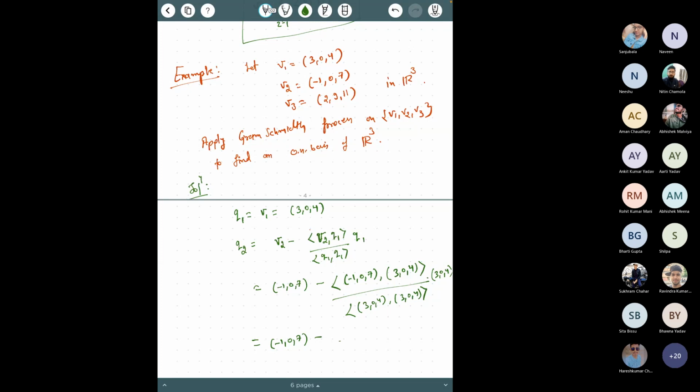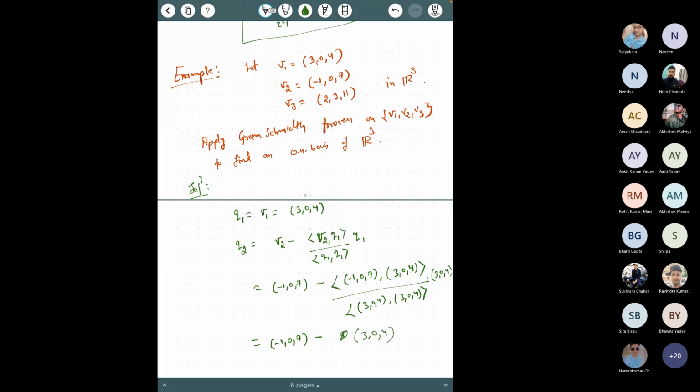What is the numerator here? It is 25, and the length squared is 25, so 25 by 25 is just 1. So you will get (3, 0, 4).